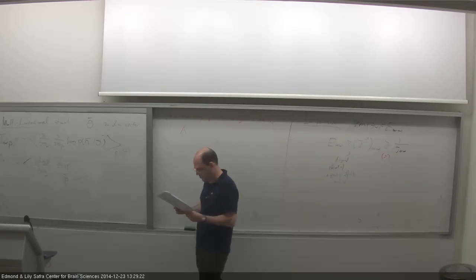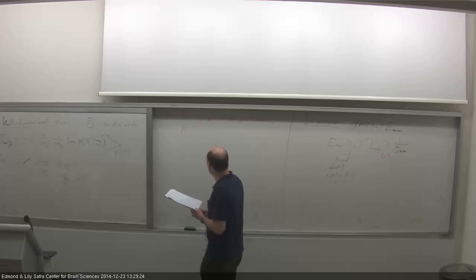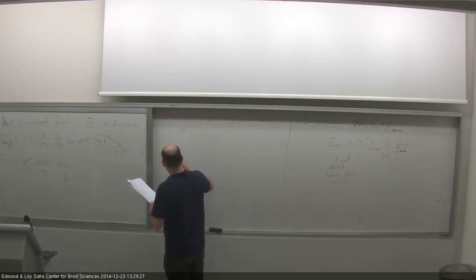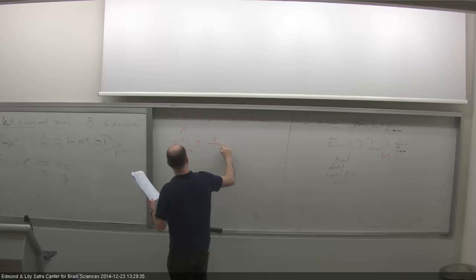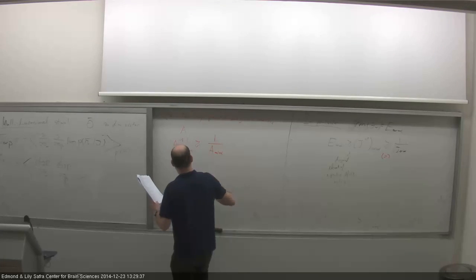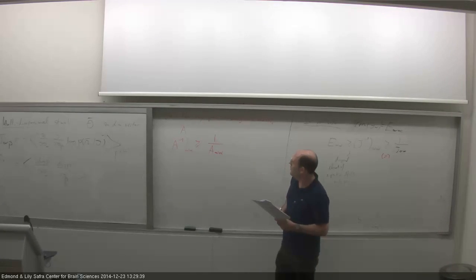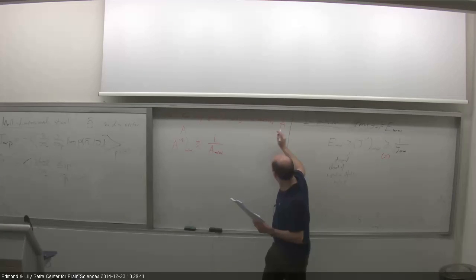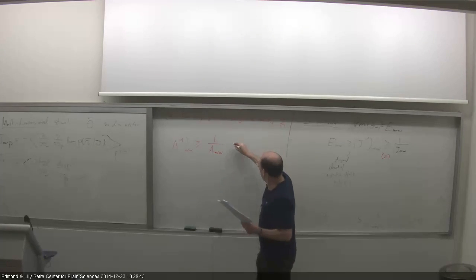It doesn't have anything to do with Fisher information in particular. A minus 1 alpha alpha is at least as large as 1 over A alpha alpha. And a sketch of the proof.